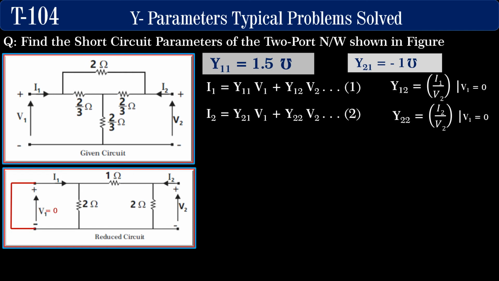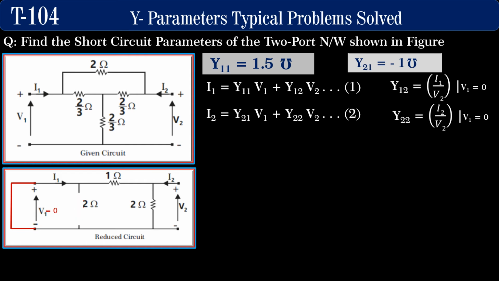So once V1 is forced to 0, this resistance of 2 ohm is short circuited, current flowing through that is 0, voltage across that is 0. So we can treat this resistance as though it is open.